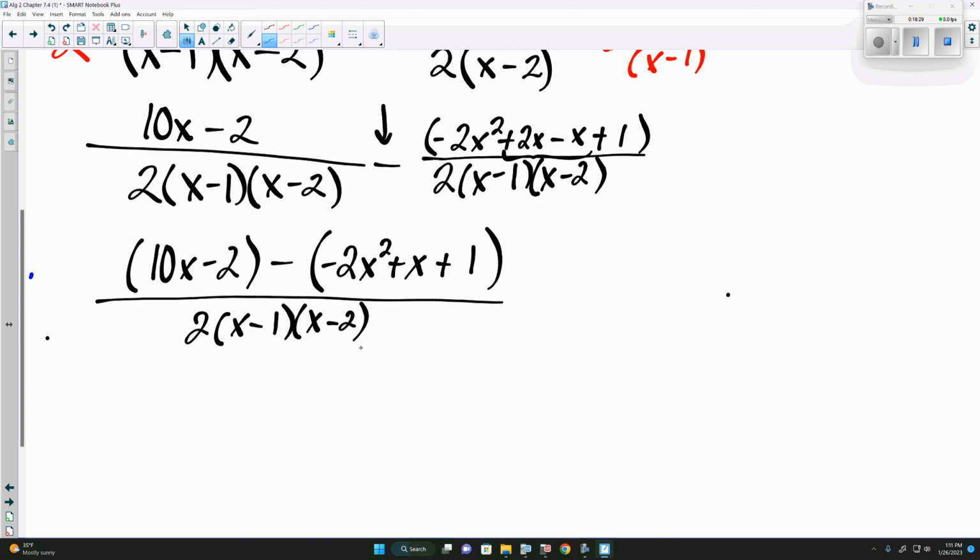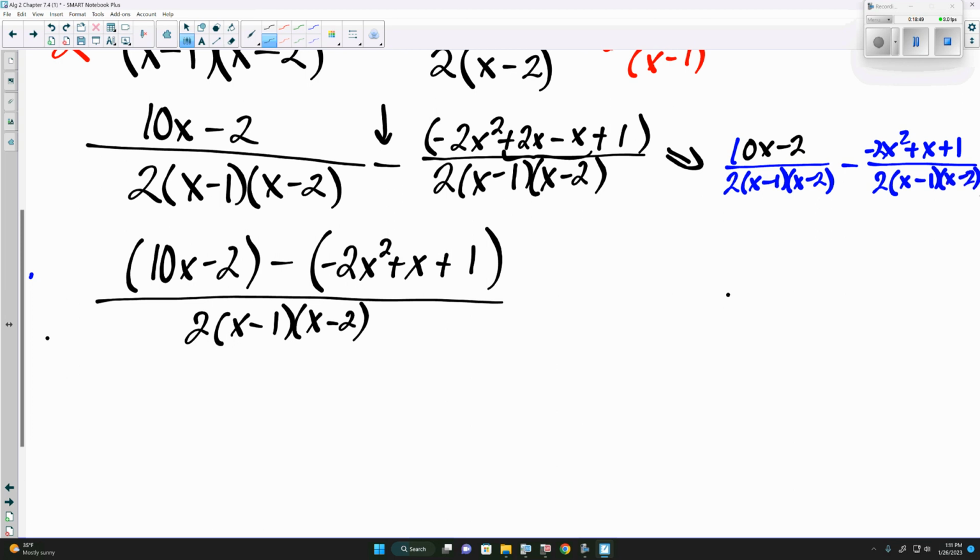Because the alternative is just, I'll write it out here to the side, just saying 10x minus 2 over 2 times x minus 1 times x minus 2 minus negative 2x squared plus x plus 1 over 2 times x minus 1 times x minus 2, and then going down to this here.